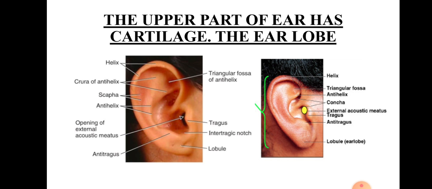You feel something in the upper part of the ear that is not as soft as the earlobe but not as hard as a bone. That is cartilage. Cartilage is also found in the joints of the body.